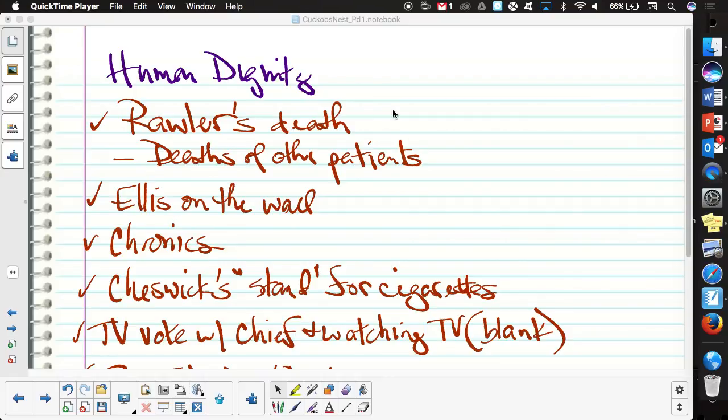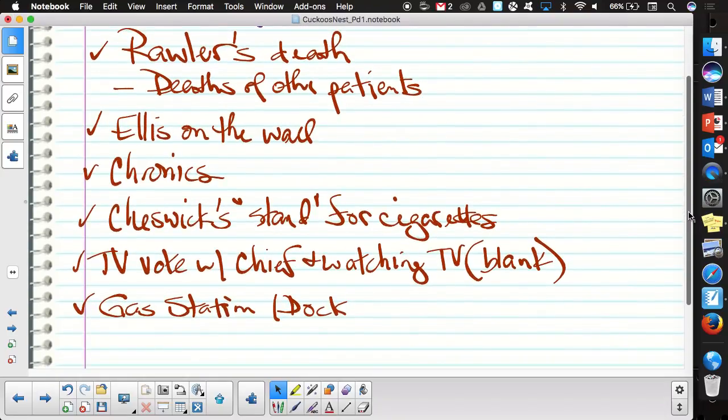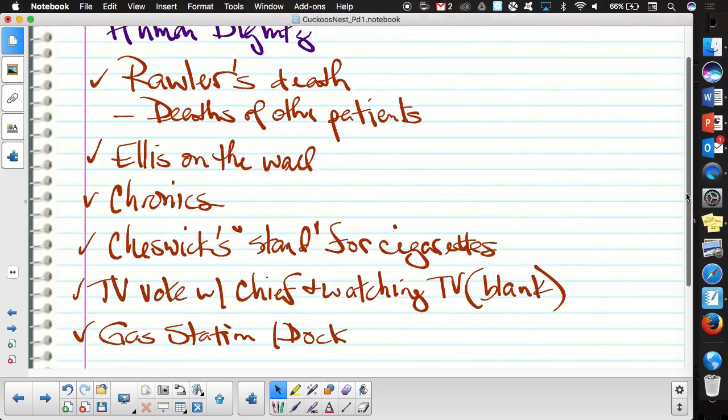So human dignity on Monday, we were going over, I think this was the list that we had. We were kind of ending with the gas station, the dock, and stuff like that. I'd say there's probably one more that I would want to include, just because I'm thinking ahead with rhetorical devices and whatnot.